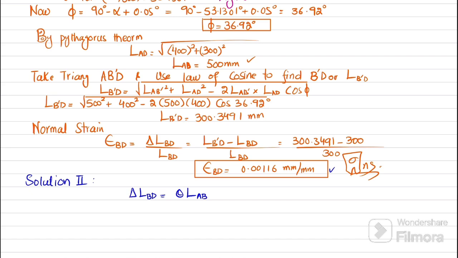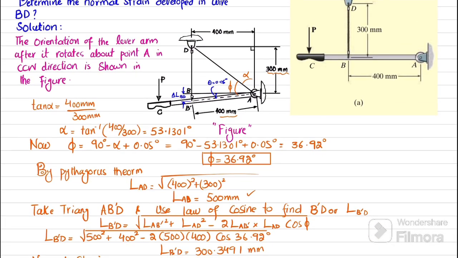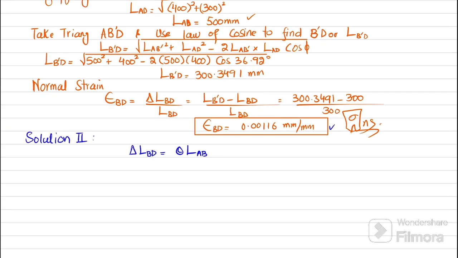Okay, you can see here that this is LBD, this is theta, and so S is equal to R theta. So S is delta LBD, R is 400, clear, and theta is 0.05 degree. So what I will write is that this is 0.05 degree multiplied by this LAB, 400 millimeter.